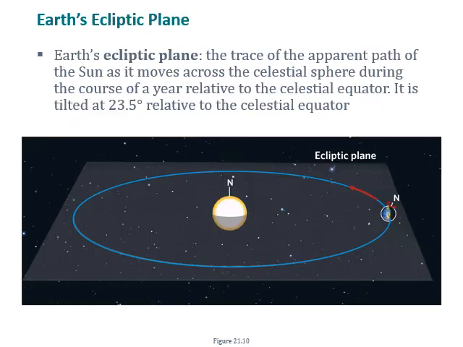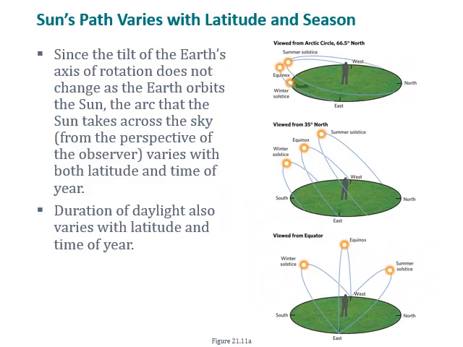Here's another view of the ecliptic plane. Earth's ecliptic plane is the trace of the apparent path of the sun as it moves across the celestial sphere during the course of the year relative to the celestial equator. It is tilted at 23.5 degrees relative to the celestial equator. The sun's path varies with latitude and season.